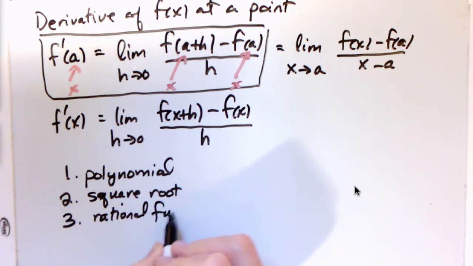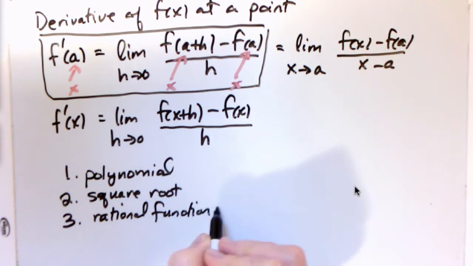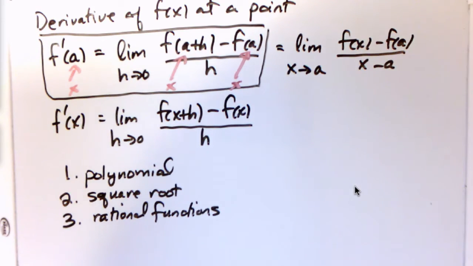Now we can of course do many other things with other functions, and some of those investigations will happen in later chapters. All right, so let's move on to our first example, working with a polynomial.